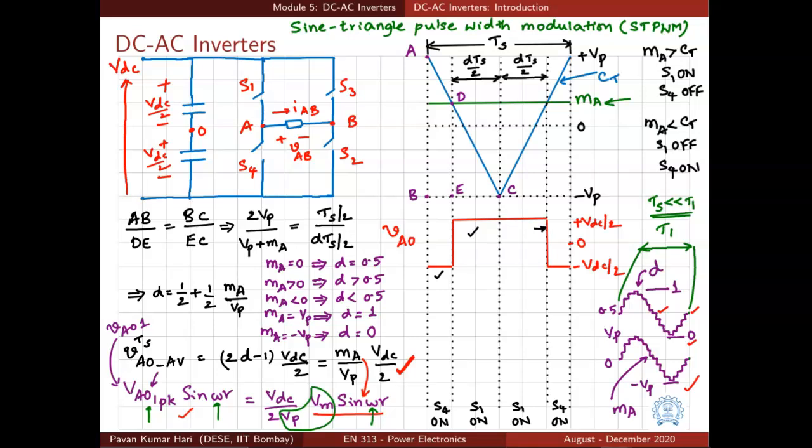So for a given DC input voltage VDC, we now know that an AC voltage of desirable fundamental component magnitude and frequency can be generated by comparing a sinusoidal wave against a triangular wave. The peak value of the sinusoid can be varied as per the required peak value of the fundamental component, and the frequency of the sinusoid can be varied as per the required fundamental frequency.